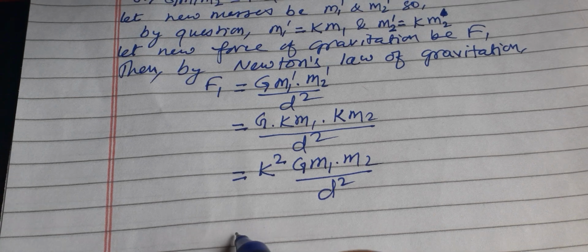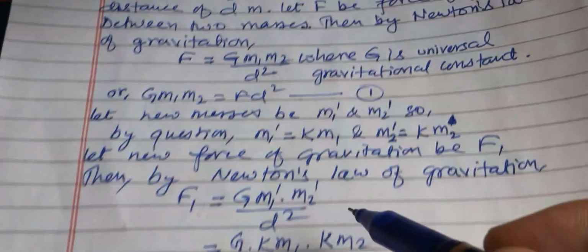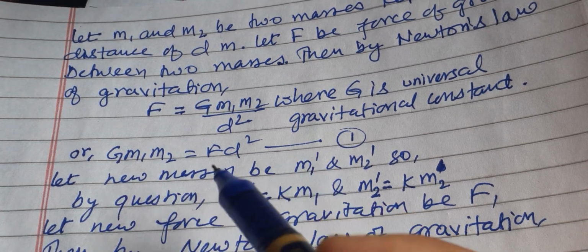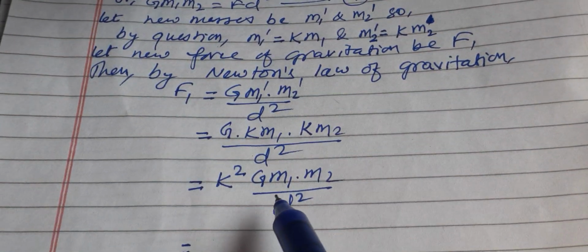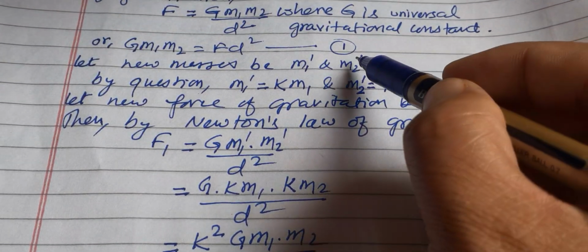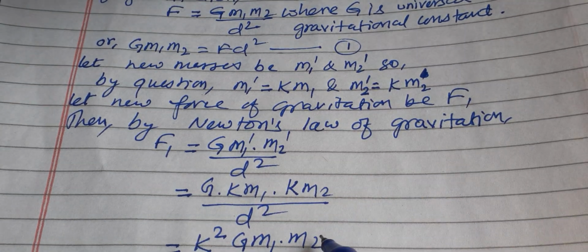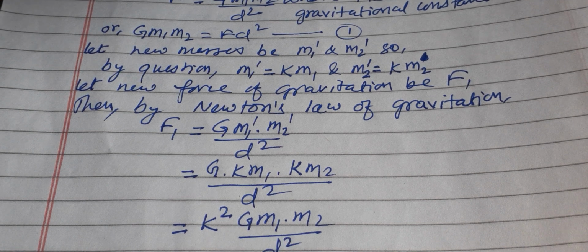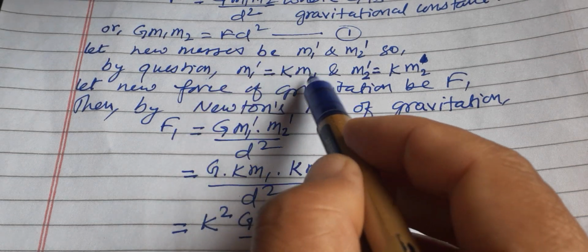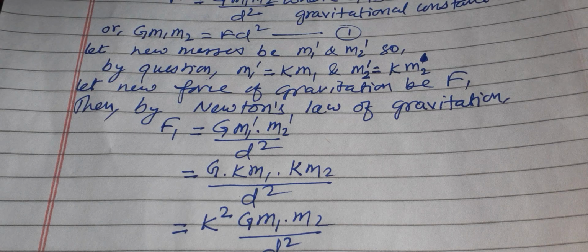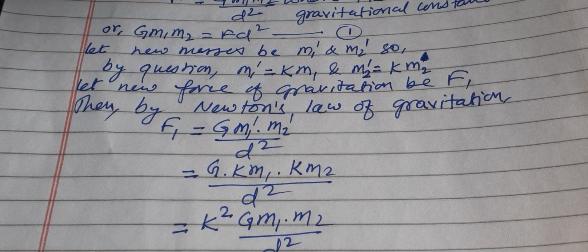So now using relation 1, G times m1 m2 equals F d square. We can replace this G m1 m2 by that relation. So k square times G m1 m2 becomes k square times F d square by d square.